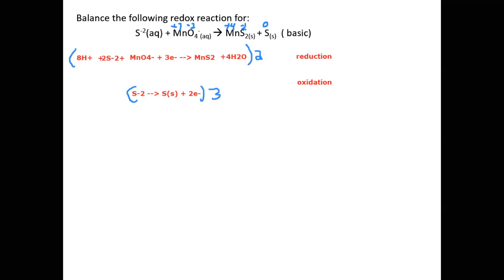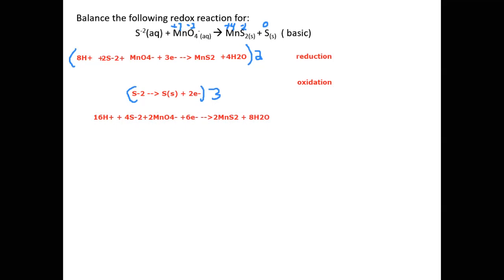Let's see if we did this right. 16H plus, 4 S2 minus, plus 2 MnO4 minus plus 6 electrons gives us 2 MnS2 plus 8 H2O.